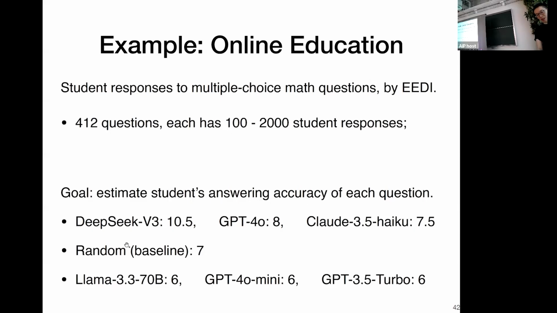Even the random baseline, where you have A, B, C, D choices and it just randomly picks one, has 7 effective sample size, and all of them have very wide confidence intervals. The models are not ready to be deployed for this task. They still have very low fidelity in mimicking student behavior, and a few models are not significantly better than the random guess.